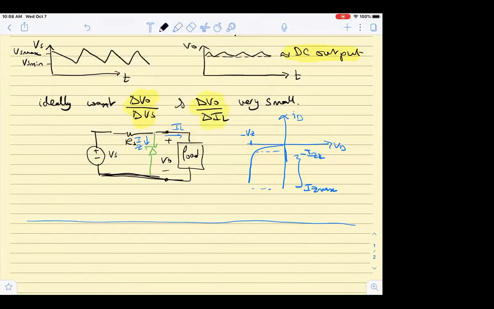The first thing that we do is replace the Zener diode by its model in the breakdown region. And what is the model that we gave for it in the breakdown region? What was the model for the Zener diode?